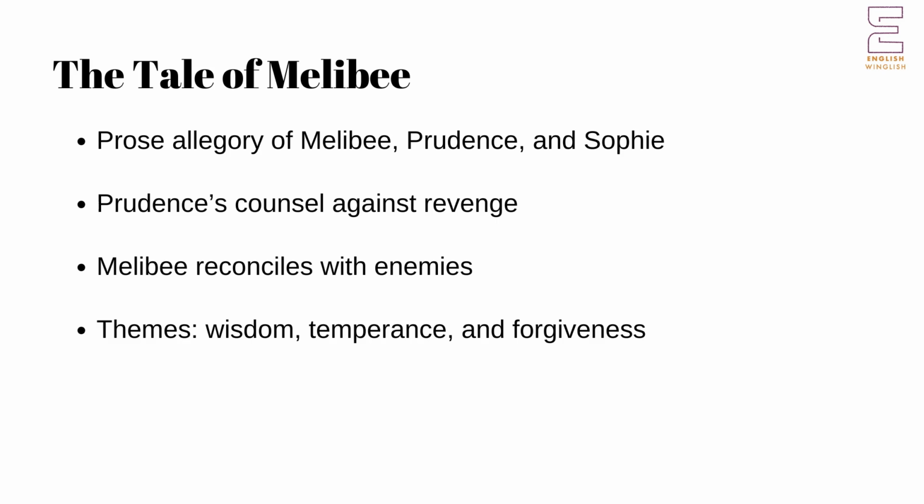Through a series of moral and philosophical arguments, Prudence convinces Melibea to reconcile with his enemies and seek a peaceful resolution. The tale emphasizes themes of wisdom, temperance, and the virtues of prudent counsel. It contrasts the impulsive desire for vengeance with the long-term benefits of forgiveness and understanding.